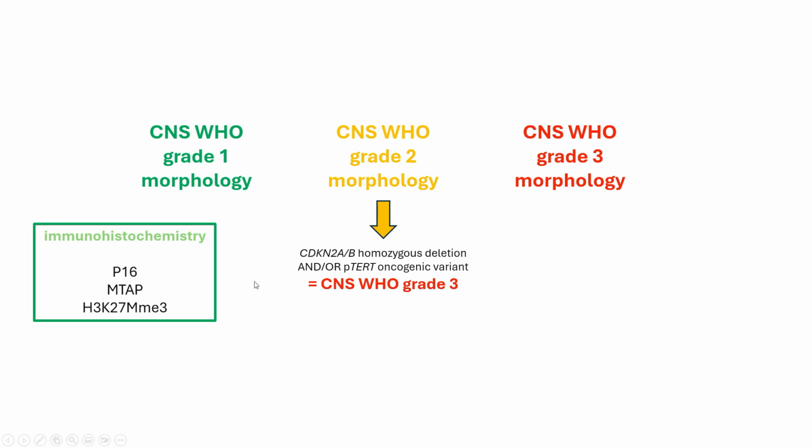The loss of staining is indicative of homozygous deletion of the P16 or CDKN2A locus. And we know that meningiomas with loss of the trimethylated form of histone H3 protein also may have worse prognosis and are more frequently recurrent.